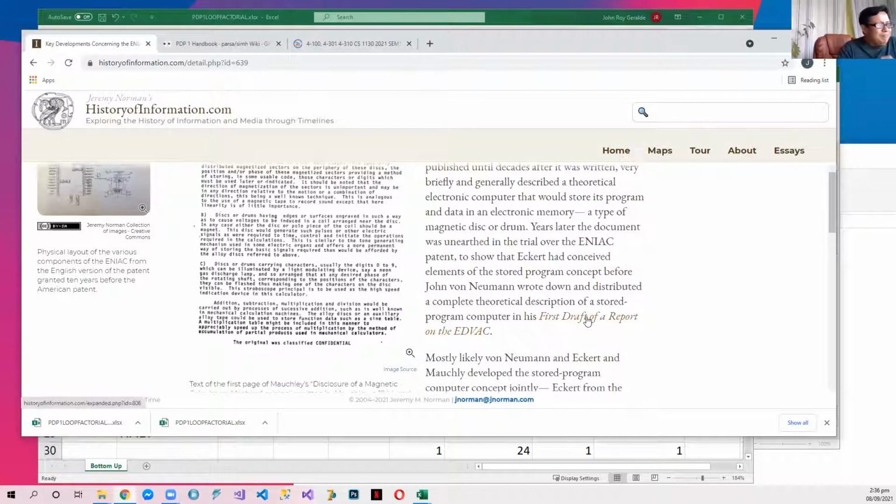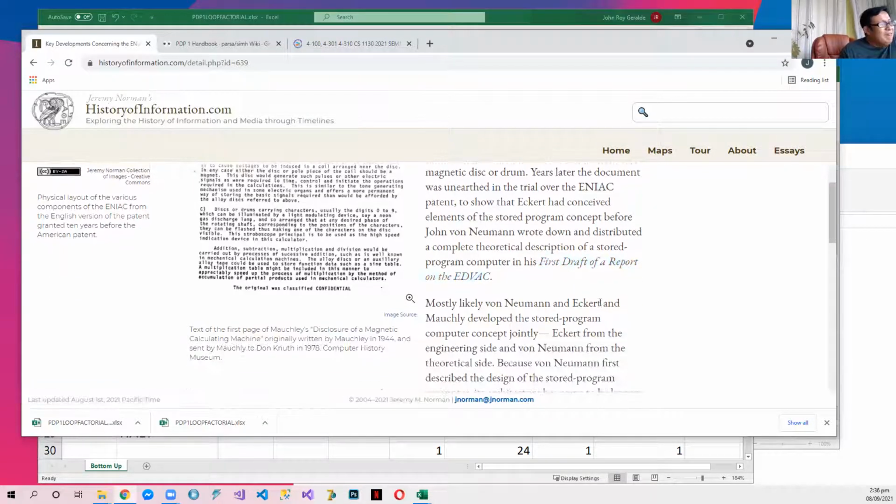Now, the first draft actually detailed the design of the stored program concept, but the author of the document is John von Neumann. But the manufacturers of EDVAC are Presper Eckert and Mauchly, which means that during the time, Eckert and Mauchly and von Neumann were working together, but they split up for some reason. Do you follow?